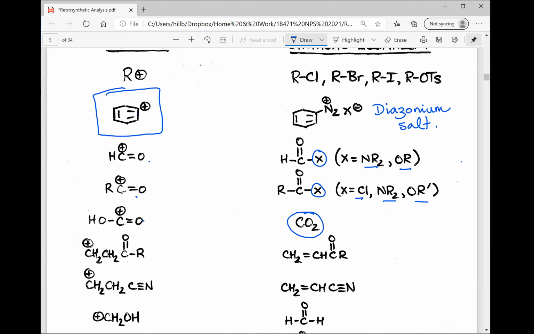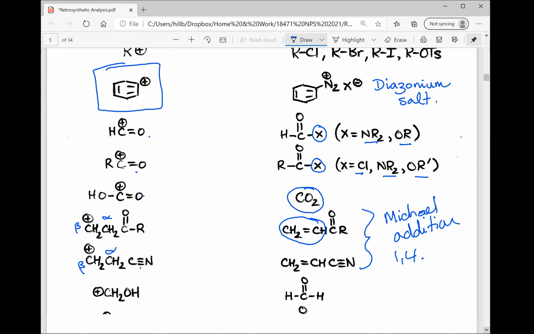And if you need to attach groups on the beta carbon of a ketone or the beta carbon of a nitrile, you can use double bonds. Both of these are what we would call Michael addition or 1,4 addition. We'll see that in a little while.